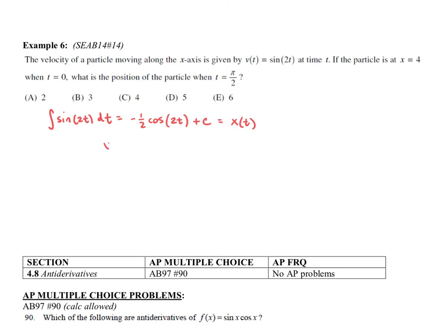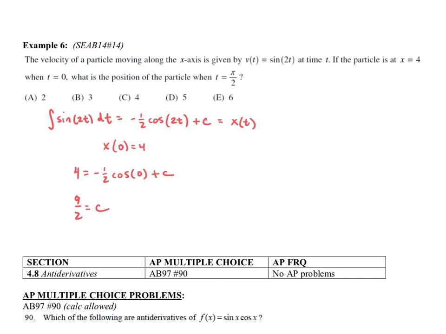We know that x of 0 is 4, and so we're going to use that to figure out what c is. So we have 4 equal to negative 1/2 cosine of 0 plus c, and cosine of 0 is 1, so c is 4 plus 1/2, which is 9/2.